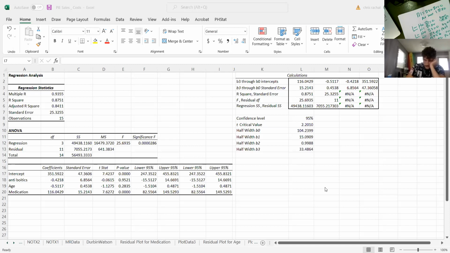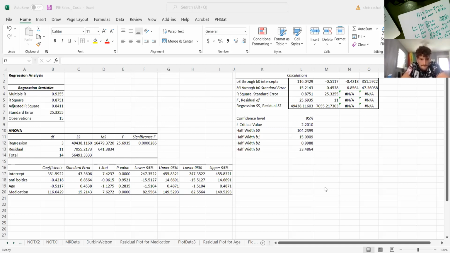And so when we start looking at the coefficients, we say that, hey, if somebody wasn't taking antibiotics, age wasn't a factor, and they weren't taking medication, they would roughly stay about 351 hours. For every antibiotic they take, they stay less, I'm going to round those off to whole numbers, about 4 hours, right?